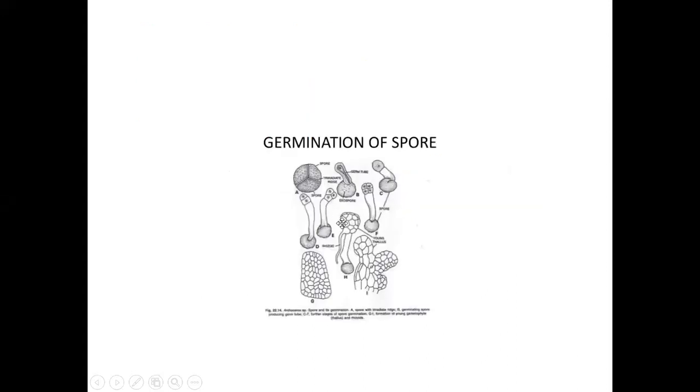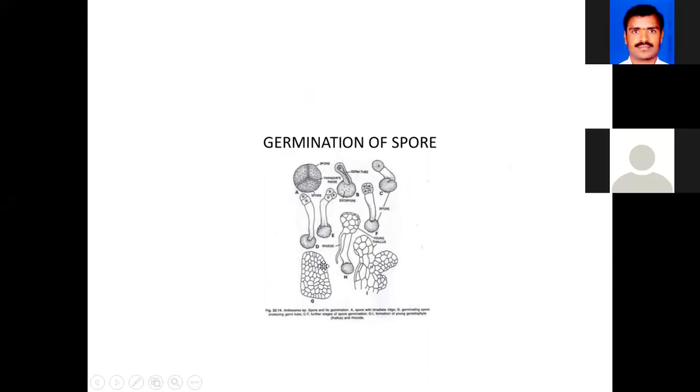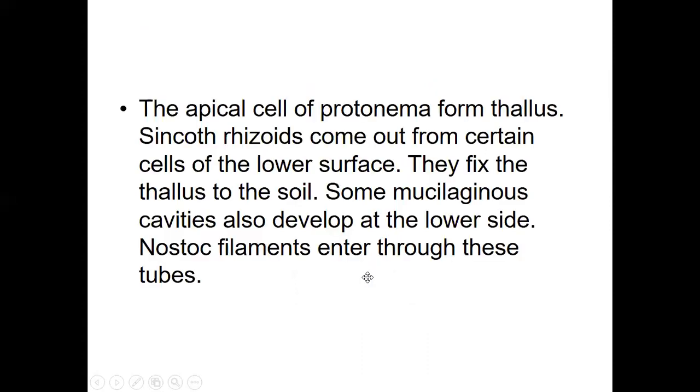So this protonema will keep on dividing and develops the entire lobed thallus again, which is a gametophyte. So this is a spore. The inner wall of the spore is forming the germ tube, which is called the protonema. And the cells of this protonema will keep on dividing and completely form the mass of tissue.